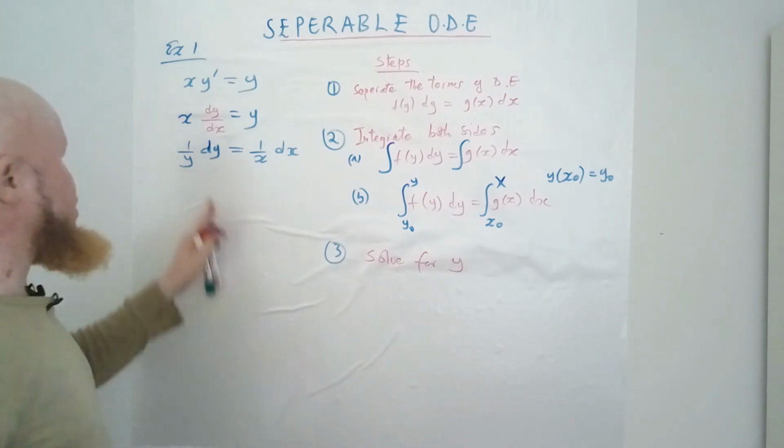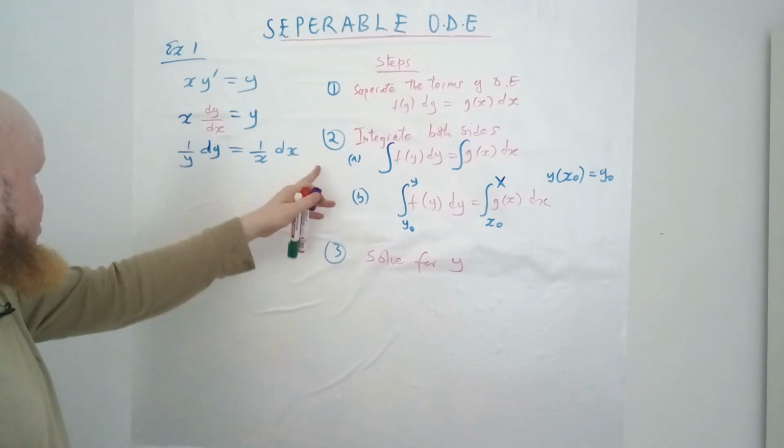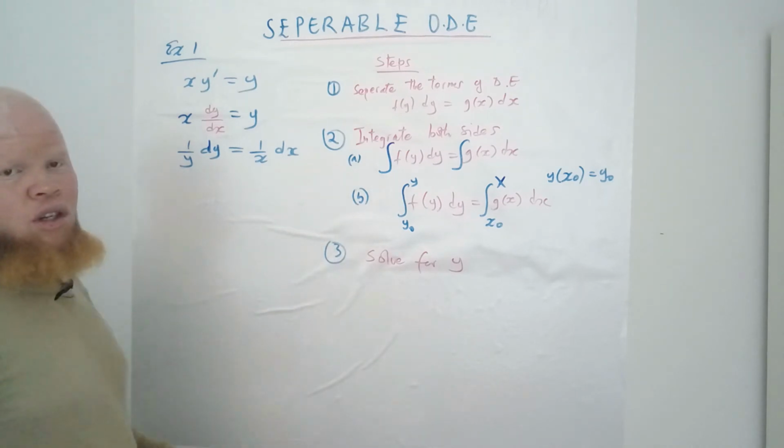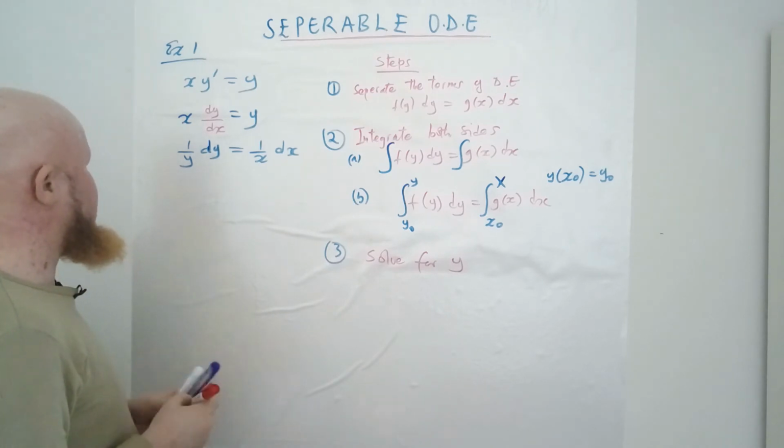Then, if you have separated like this, the next thing is to integrate as the second step. So let's now integrate both sides.